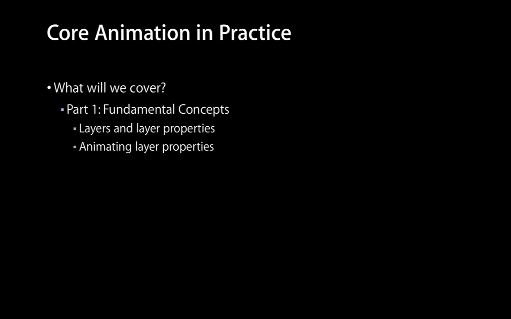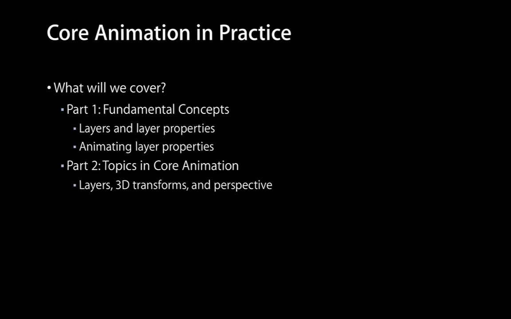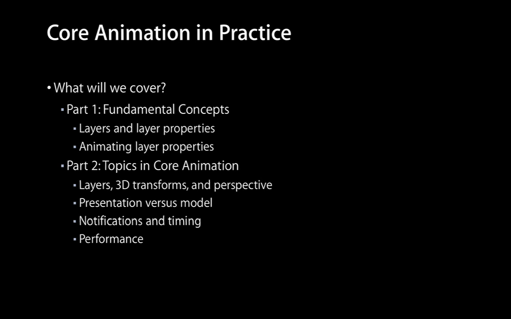And then, of course, how you animate layer properties, including a section about what animation is. We will then cover topics in Core Animation, including layers, 3D transforms, and perspective, the presentation layer versus the model layer, notifications and timing, and a little bit about performance. And we'll end that section talking about masks and shadows.